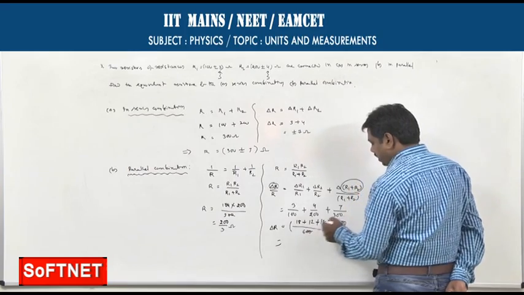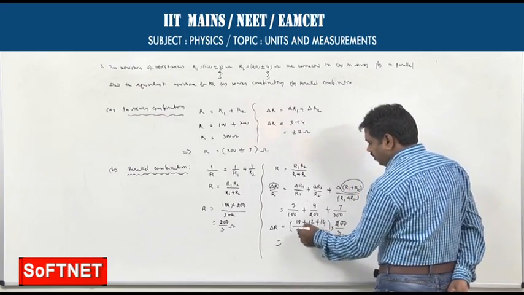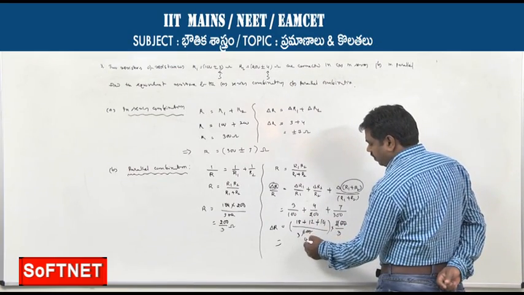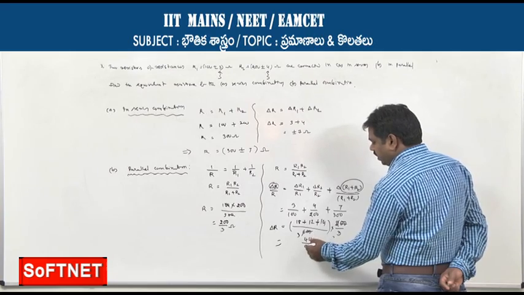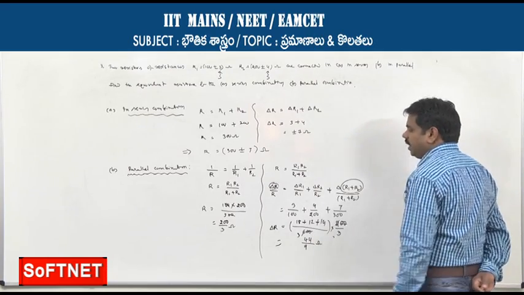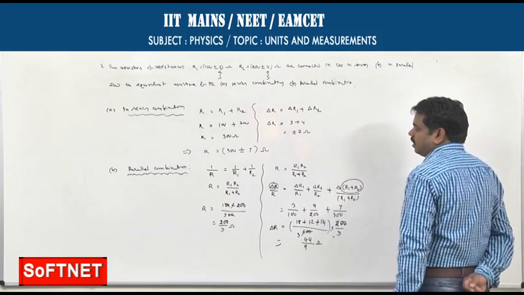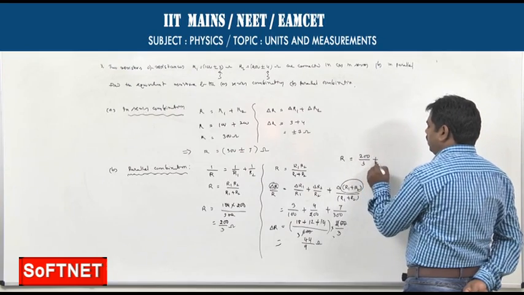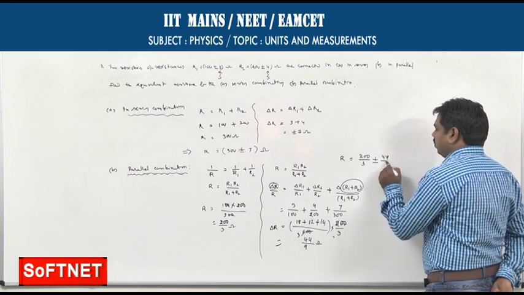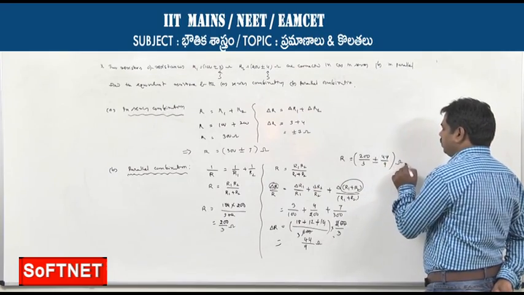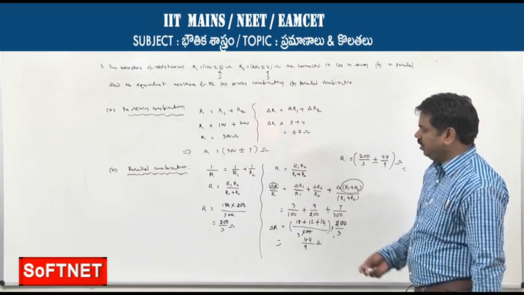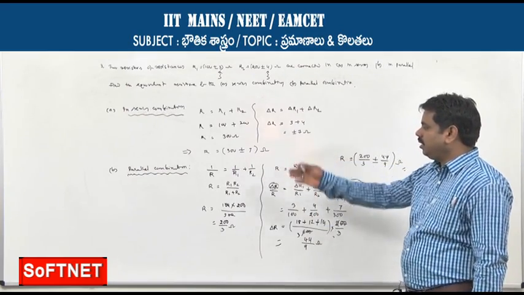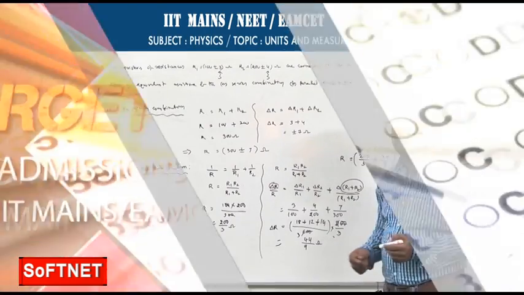So finally, on simplification, 2 by 3, this is equal to 30 plus 14, that is 44 by 3 threes are 9 ohms. So finally we can write the resultant resistance in parallel combination as R is equal to 200 by 3 plus or minus 44 by 9 ohms. So like this we can find out the error in the measurement of the resultant resistance in series combination as well as in the parallel combination.